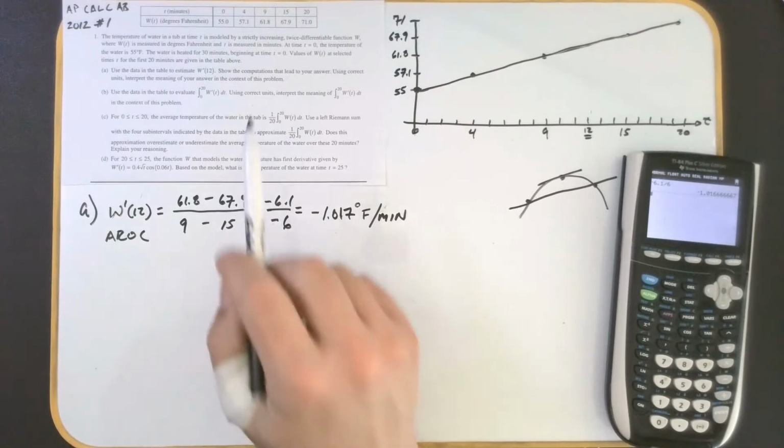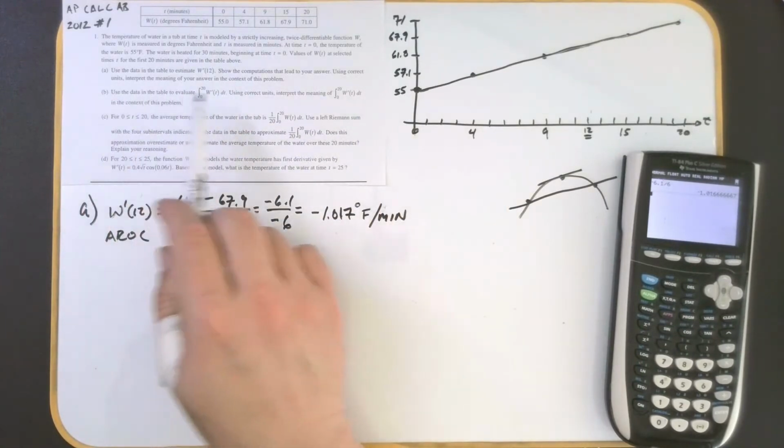So this stands for negative 1.017 degrees Fahrenheit per minute would be our label. Okay? And on the question it says, use correct units, interpret the meaning of your answer.